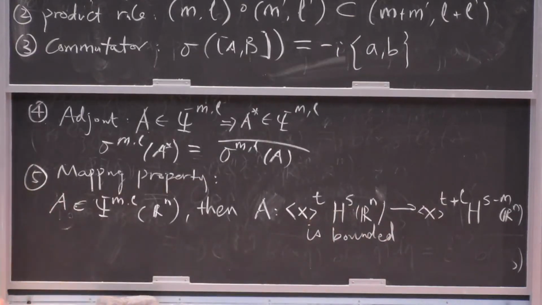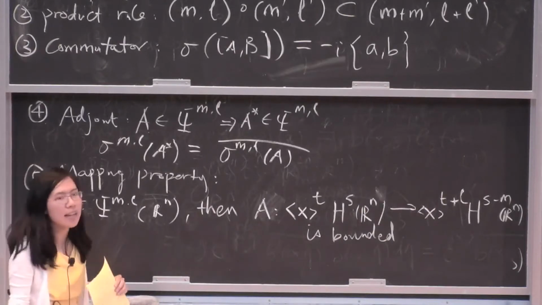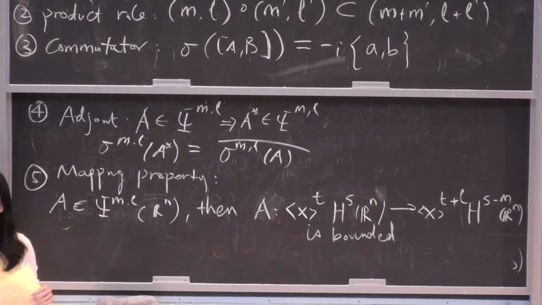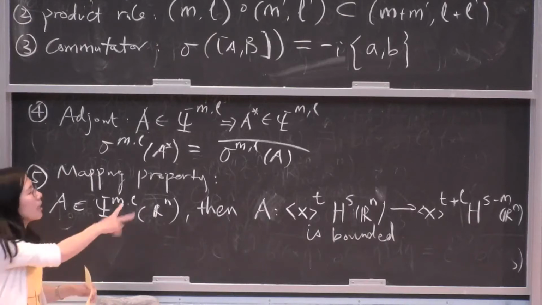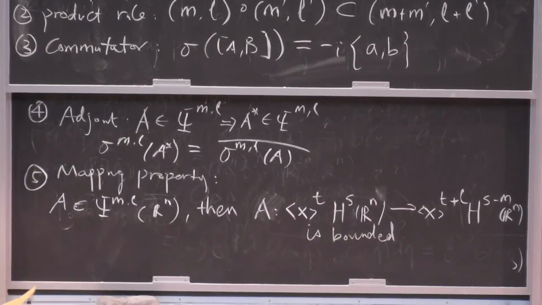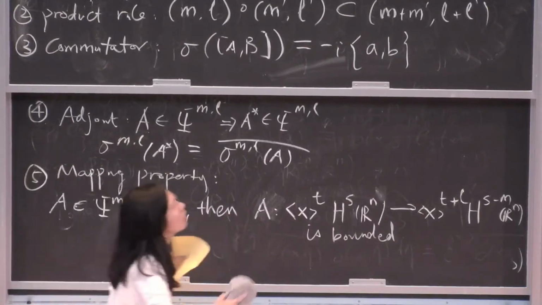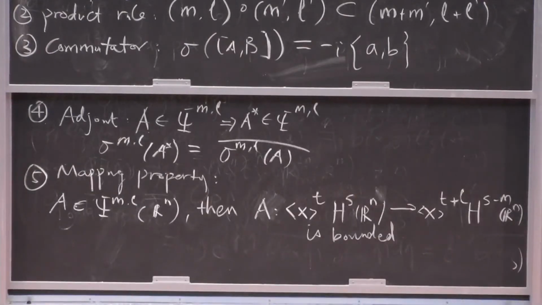And again, the difficult part is to show that if A is in Ψ^{0,0}, then you have L2 boundedness. And after that, it's really just commuting this weight in there. Okay, now using this, I can talk about the residual or the smoothing operators.